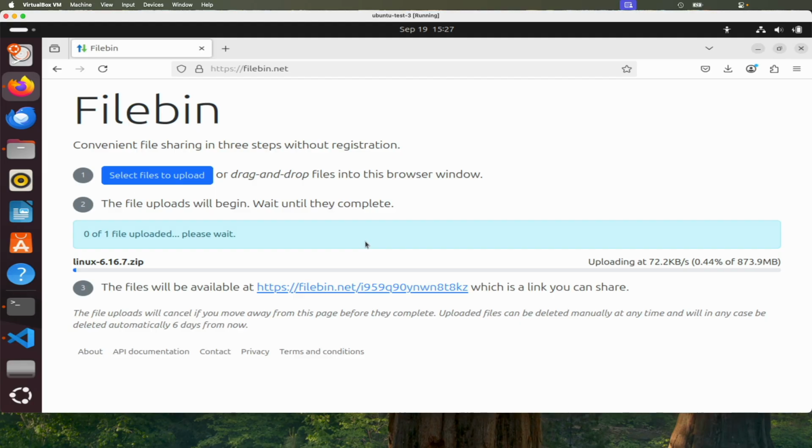Decreased to 72.2 kilobytes per second. Our technology does coexist well with other algorithms.